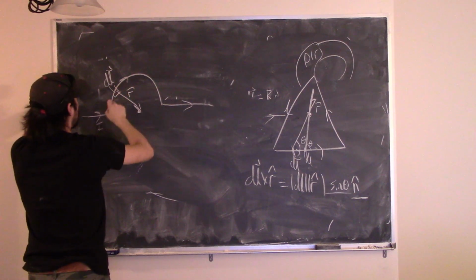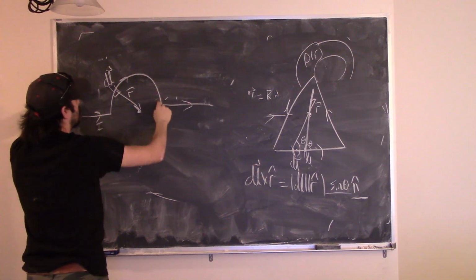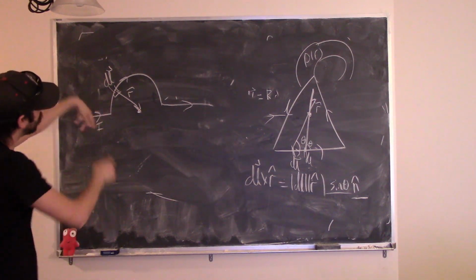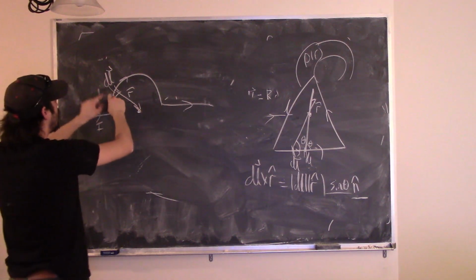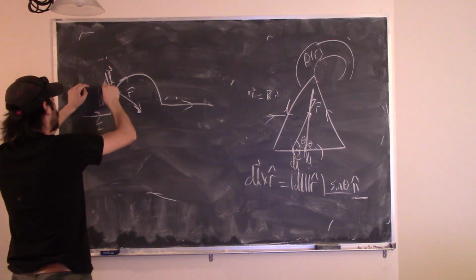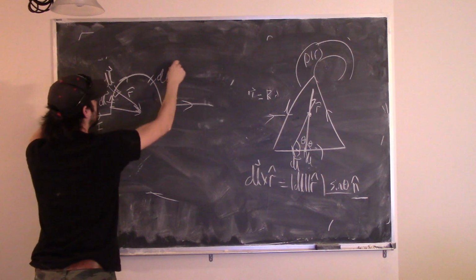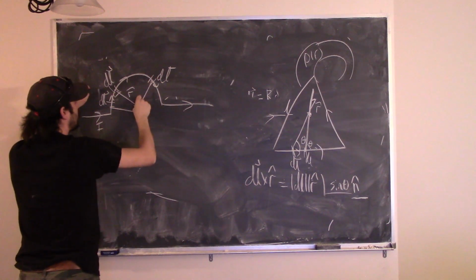For every dl I have over the arc of the circle, it might not look this way because I'm bad at drawing these, but trust me, if dl points this way, r hat points that way. If dl points this way, r hat points this way.